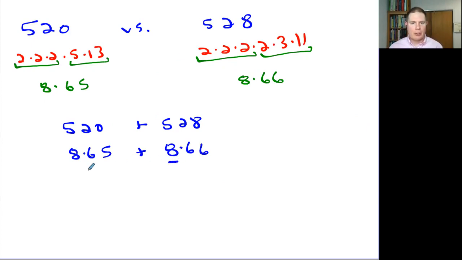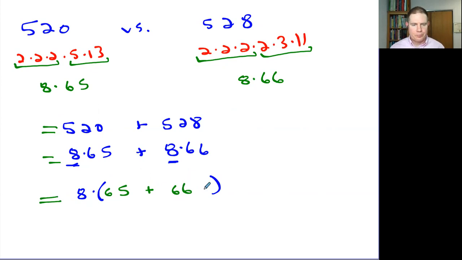Recognize that common factor of 8. And inside, I'm going to put my 65 as the leftovers here, 5 times 13, and 66 as my leftovers here, that's 2 times 3 times 11. So this expression should be equal to this expression, right? All of these are equal to each other.